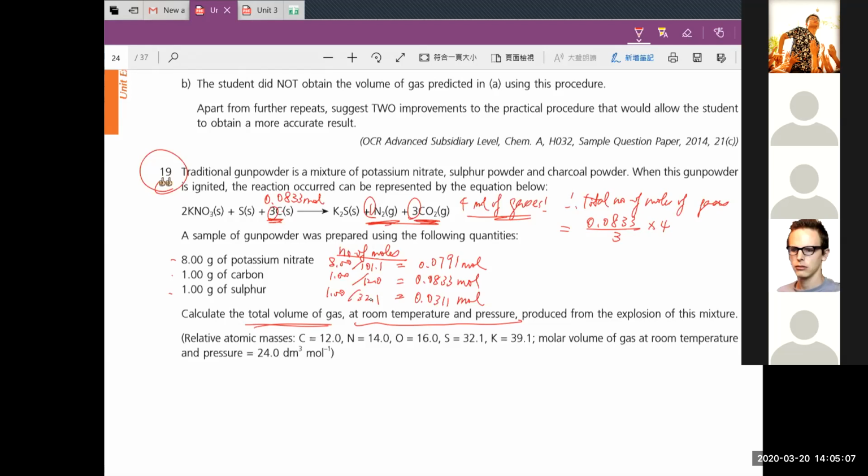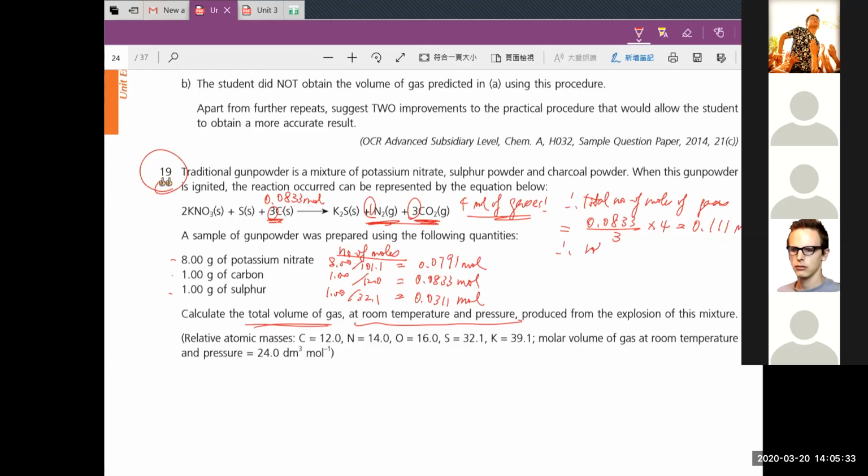What is the answer for the number of moles? 0.0833 divided by 3 times 4 gives 0.111 mole. You get it?